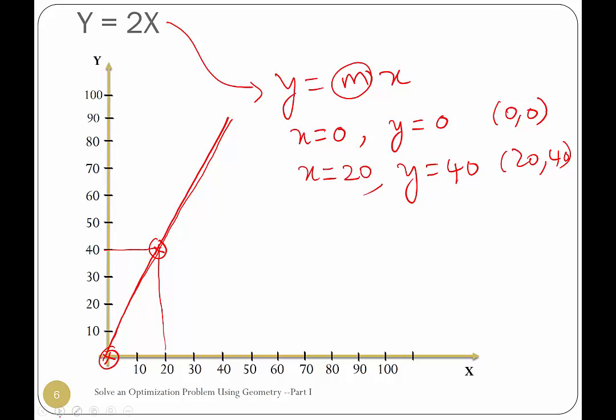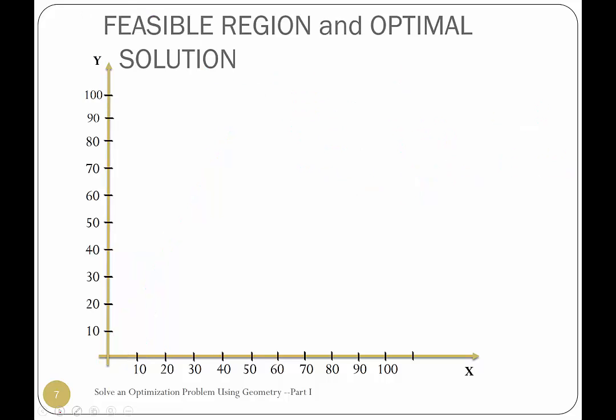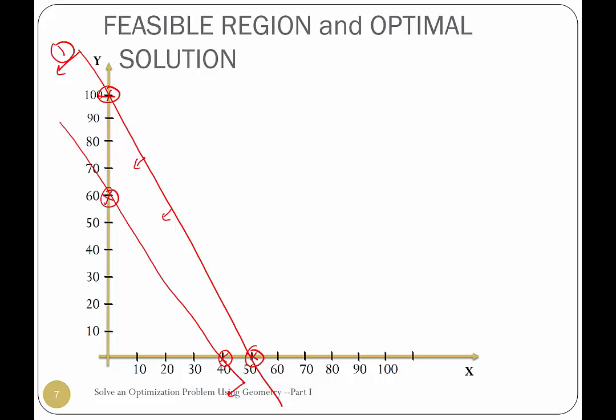Now the next step is to draw all the constraints on the same page. So let's look at the first constraint. Has 2 points, right? Draw a line. So that is your first constraint. Second constraint has these 2 points. That is your second constraint.